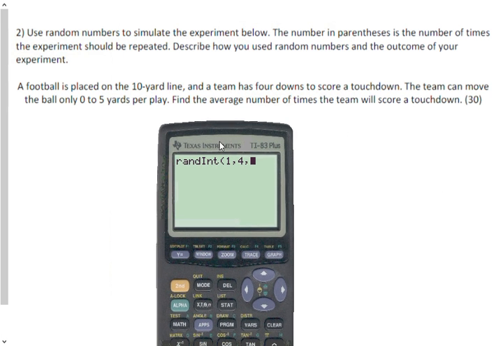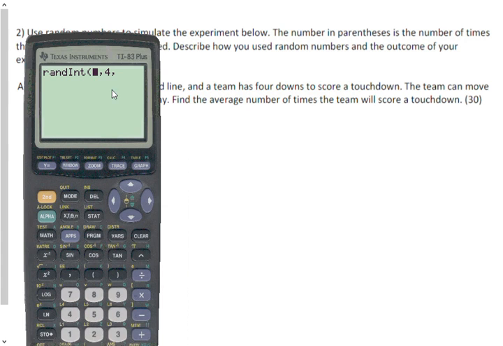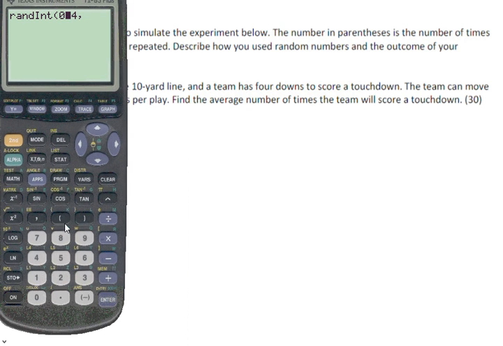Well, I don't really want that. I want the random number to be how many yards per play. So let's actually change that. Whoops. From 0 to 5. So this now, the random number will be how many yards I get per play. And I have 4 tries to do it. So let's look. There we go.